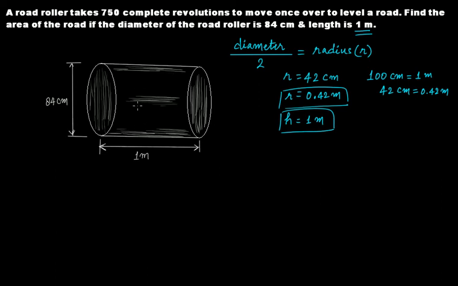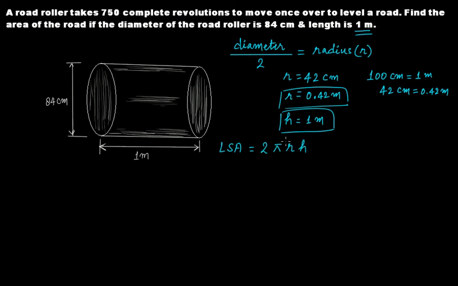So in one revolution, it will cover the area equal to its lateral surface area. So what's the lateral surface area? The lateral surface area of a cylinder is given by 2 pi r h.